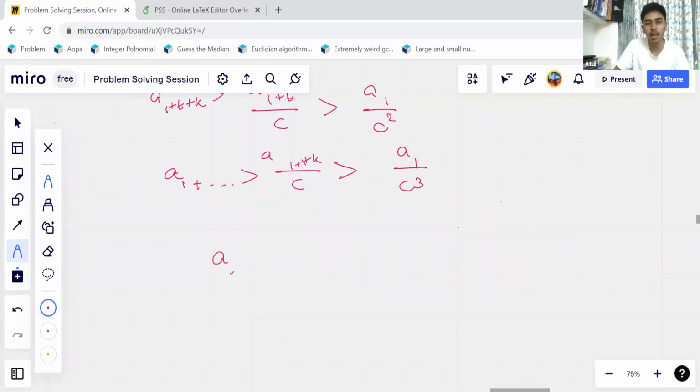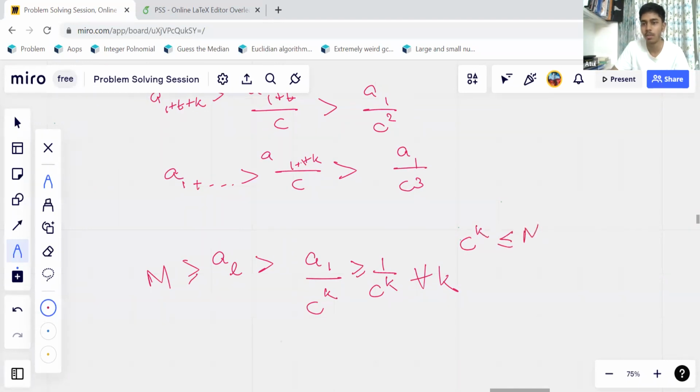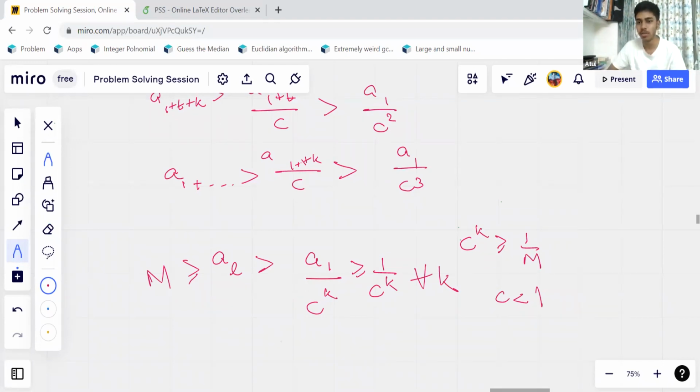In general, we can find some L such that a_L is greater than a_1 over c to the k for all k. But this is at least 1 over c to the k, and this is at most m. So this is saying that c to the k is at least 1 over m, which is not true because c is less than 1. As you take high enough powers, it's just going to go below 1 over m eventually. So this is not possible.